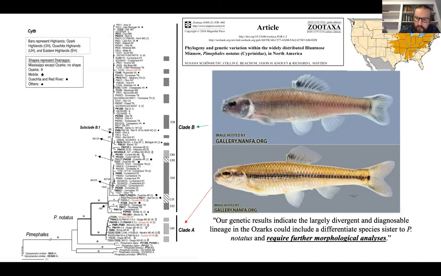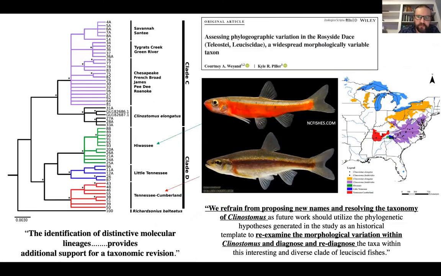And this is just one more example. There's many of them, and not just in the United States, but all over the world. And so we need to describe these fishes. We shouldn't let them go unrecognized.